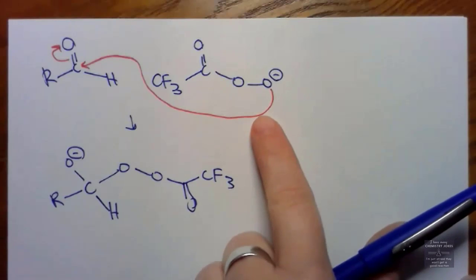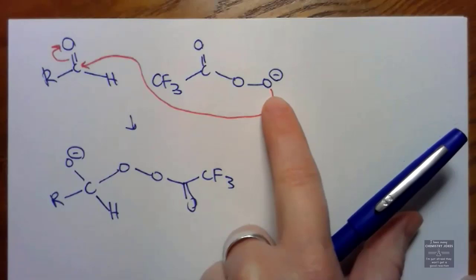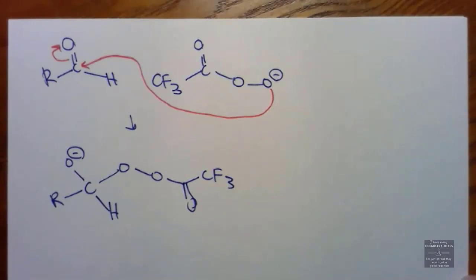This is not MCPBA's structure, but we need it under slightly basic conditions to make sure that we get the O- version to attack the carbonyl carbon. Then we get this. This is not a stable molecule because this OO peroxide bond is explosive, not great.